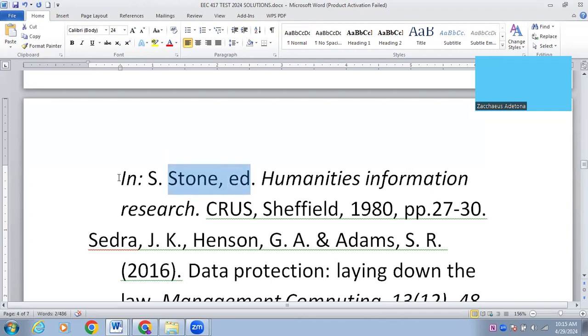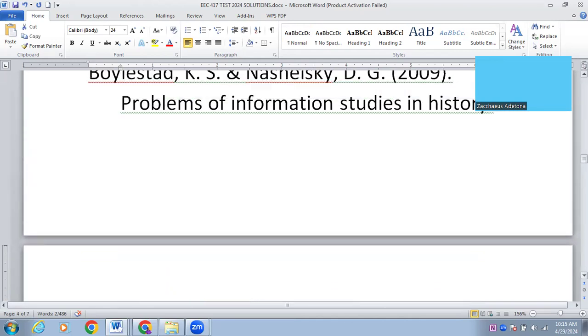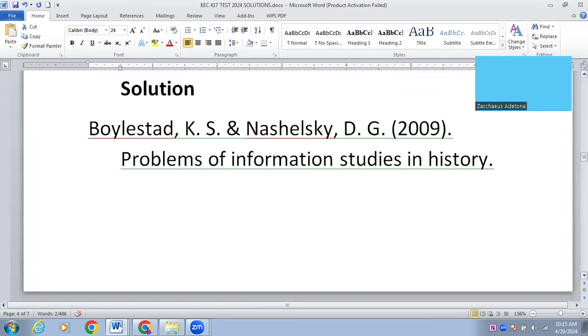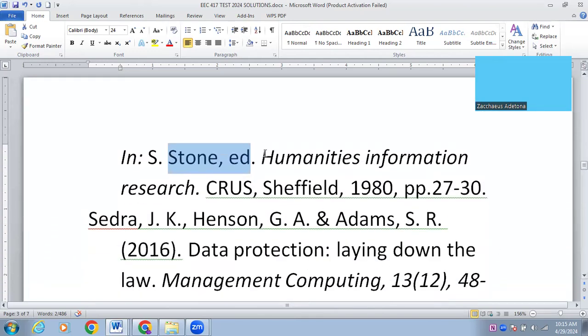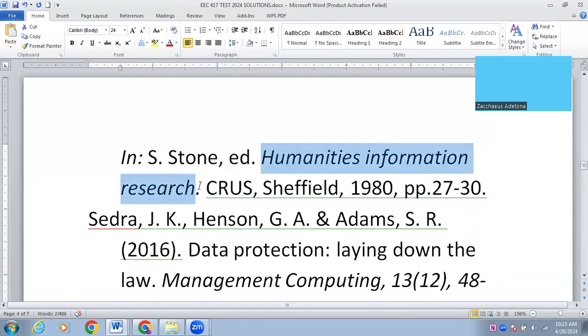And indicate the book in which that title is available. The title is written by 2 authors, and the authors are Boystad KS and Nashesky. They produced this article in 2009 as a chapter in a book. And the edited book is called Humanities Information Research.